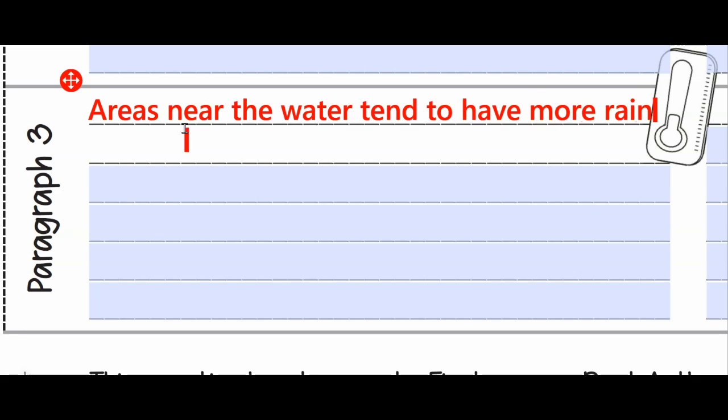So areas near the water tend to have more rain. And then regions closer to the equator.